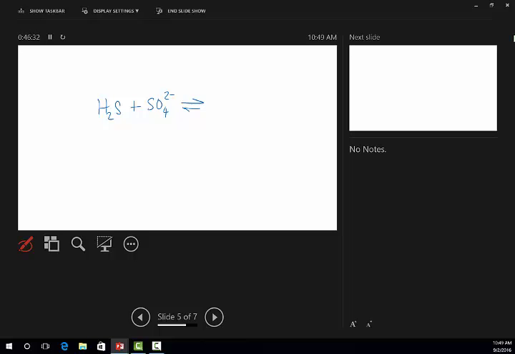What are the only possible acid-base products of this reaction? That's the only two possible products.